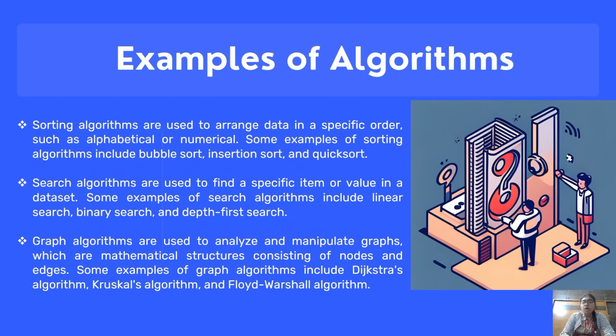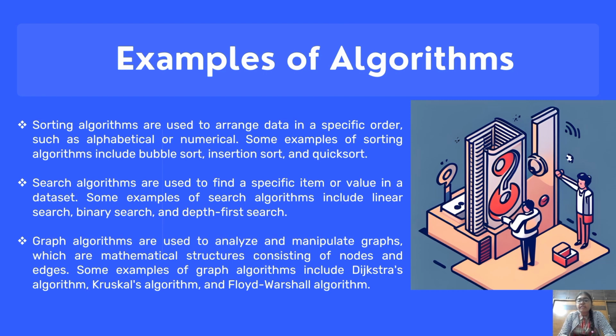Examples of algorithms. Sorting algorithms are used to arrange data in a specific order, such as alphabetical or numerical. Some examples of sorting algorithms include bubble sort, insertion sort, and quick sort. Search algorithms are used to find a specific item or value in a data set.